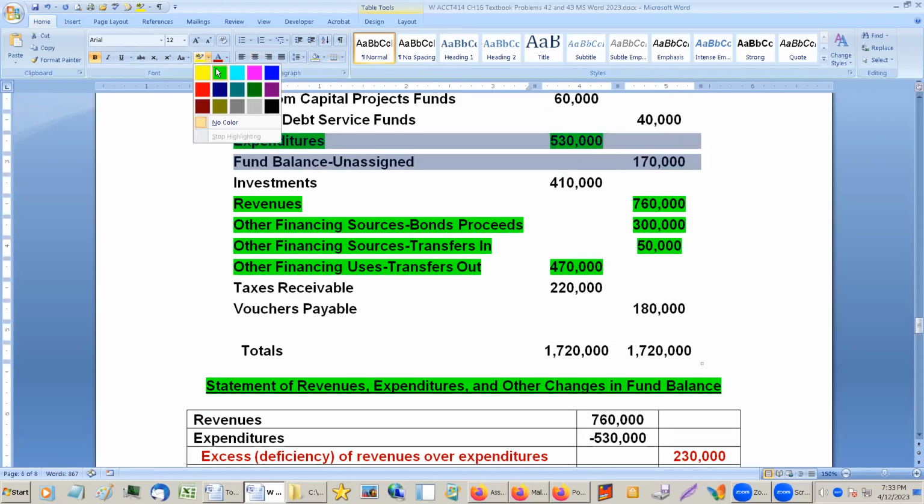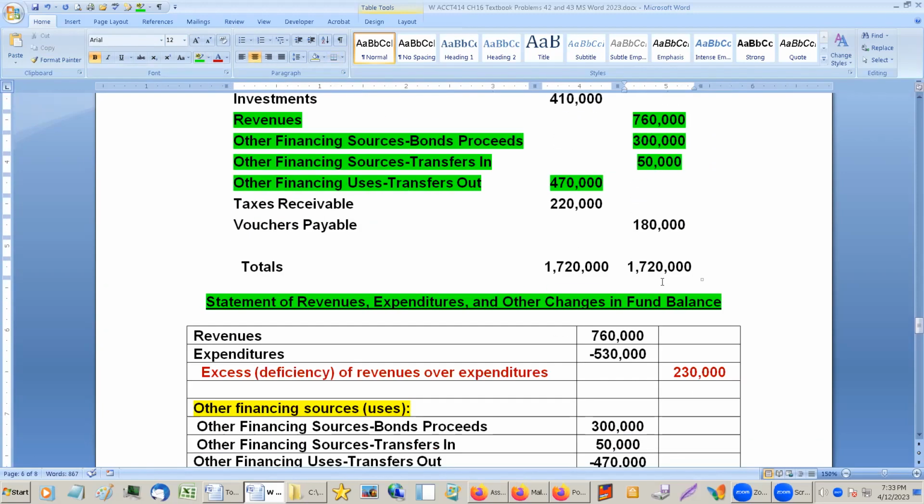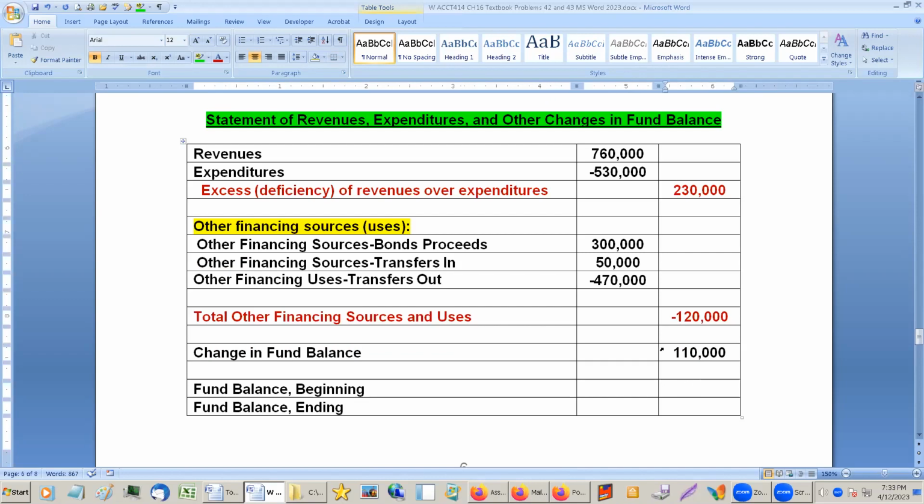Unassigned. There's no other fund balance, so that'll be the only fund balance we have. 170,000. $110. So here's the change in the fund balance. Here's what was at the beginning. So the ending fund balance will be 280. 280,000.